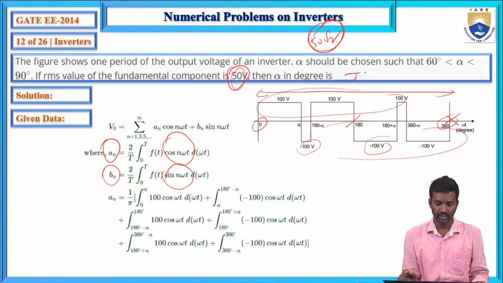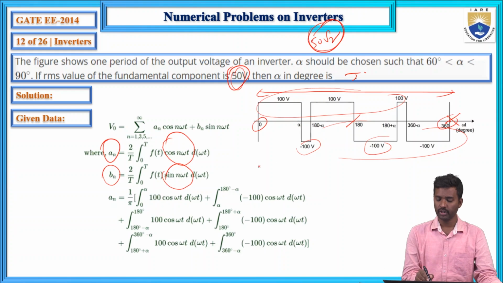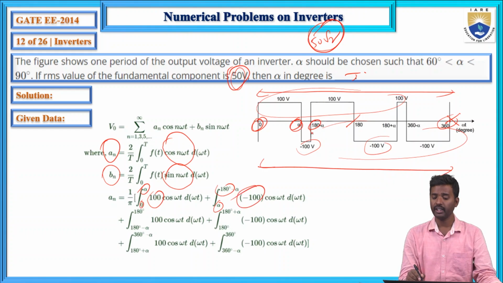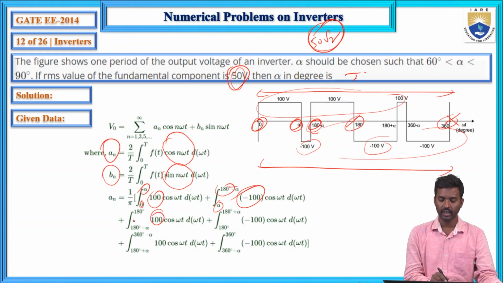First, in an, the number of intervals from 0 to 360. First, from 0 to alpha the value is 100, from alpha to 180 the value is minus 100, from 180 to 180 plus alpha, sorry, 180 minus alpha, and from 180 minus alpha to 180 it is 100.